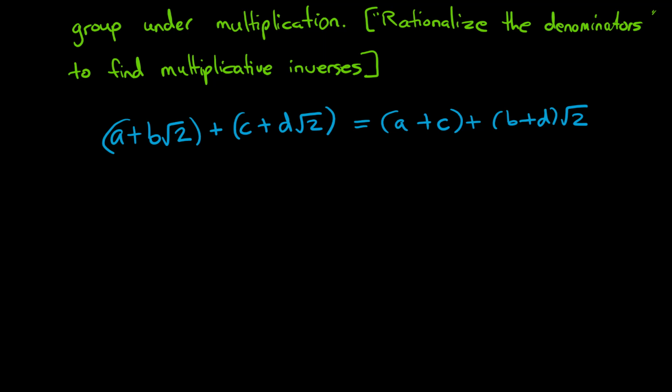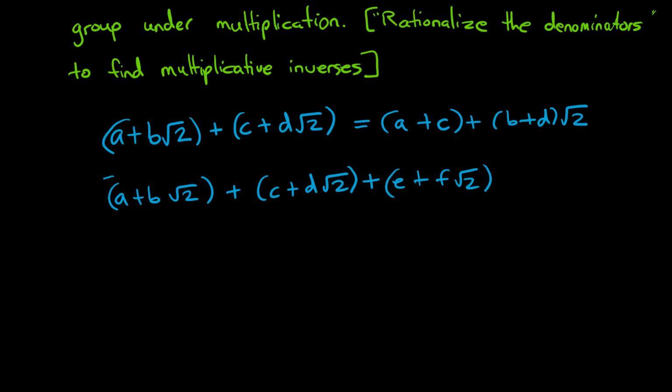Associativity, we can easily check it. Calculation is a little bit long, but let's try. We take a plus b root 2 plus c plus d root 2, plus e plus f root 2.